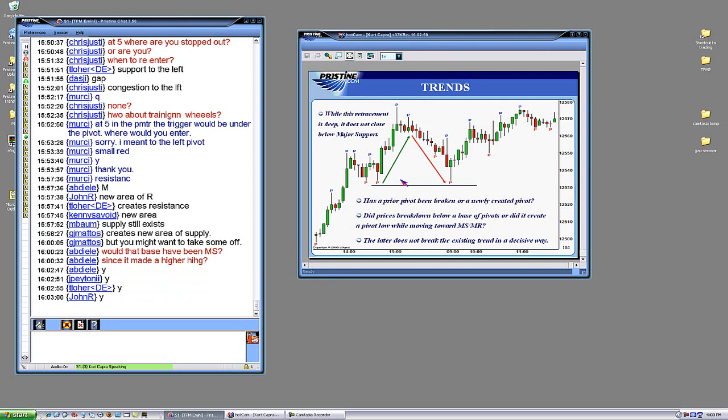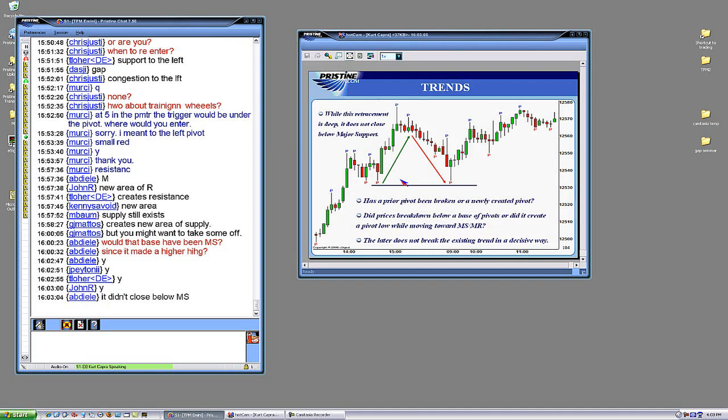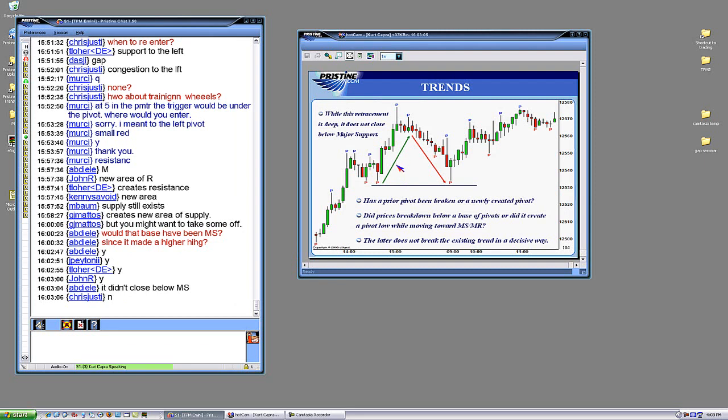All right. If you don't, again, it's important that you speak up. But we never broke major support because here's our pivot low. Right, this is our pivot low prior to a higher high. So this is major support. This retracement, while it is deep, never violated this support here. It never broke this pivot low.